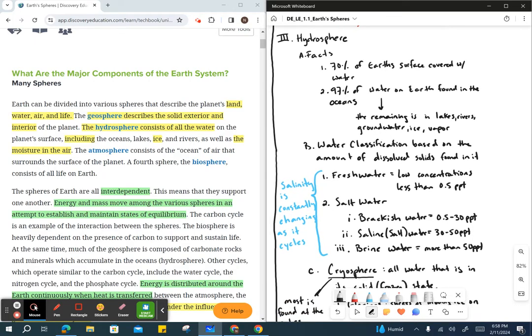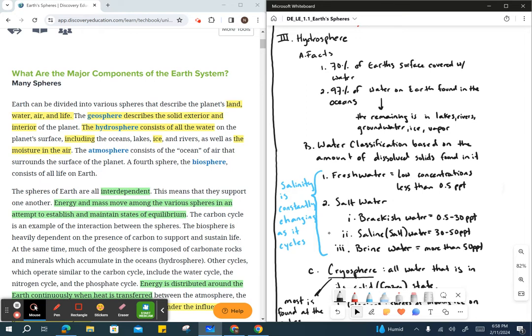All right, so the hydrosphere. 70% of Earth's surface is covered with water. 97% of the water on Earth is found in the oceans. The remaining 3% is found in everything from ice to groundwater to lakes and vapor. We'll look into that a little deeper in a minute. Water classification is based on how salty or how many dissolved solids you find in it.